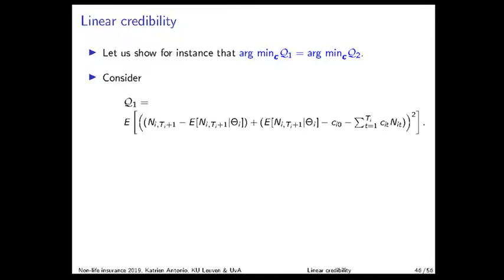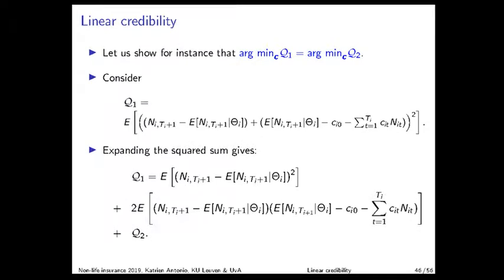Here too, we manipulate the expression in Q1 by plugging in minus and plus the expected value of N_i,t_i+1 given the random risk variable theta i. Expanding the squared sum leads to the expression printed at the bottom of the sheet.